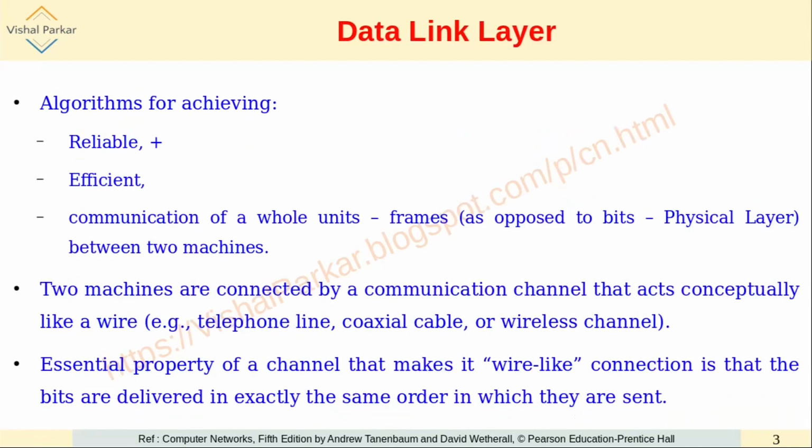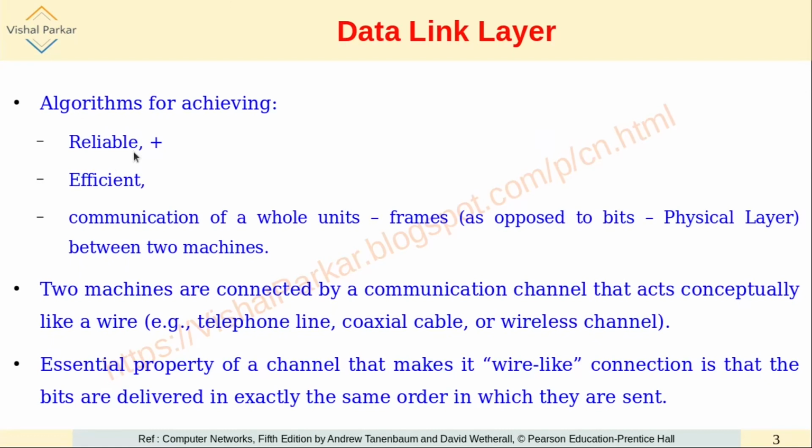Well, the data link layer's main functionality is to provide a reliable and efficient communication of the data. This service is given to the next layer, which is the network layer that you know. So the communication has to be reliable and efficient. What does reliable mean?